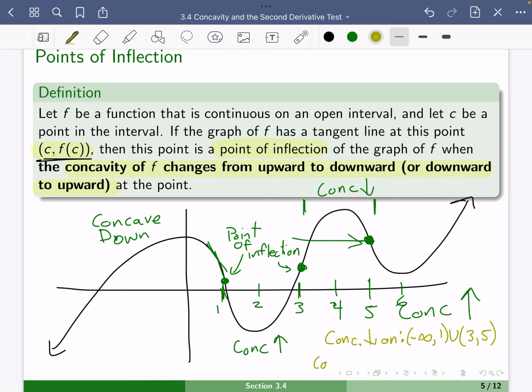And it is concave up on the intervals from 1 to 3, along with 5 to infinity. So that is the concavity of the graph. We had 3 different inflection points.